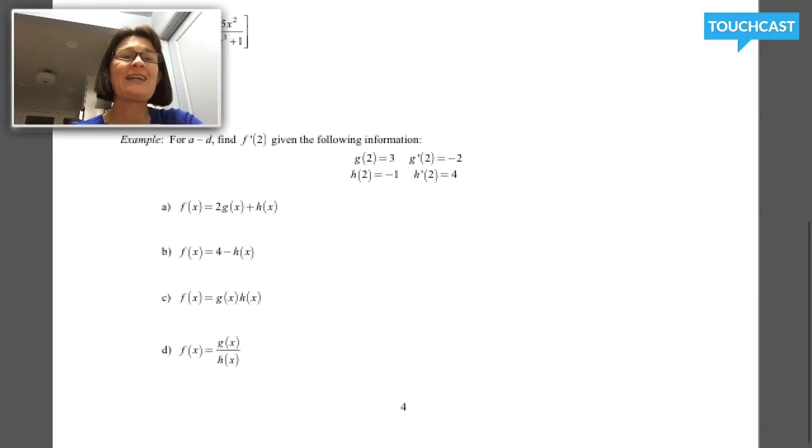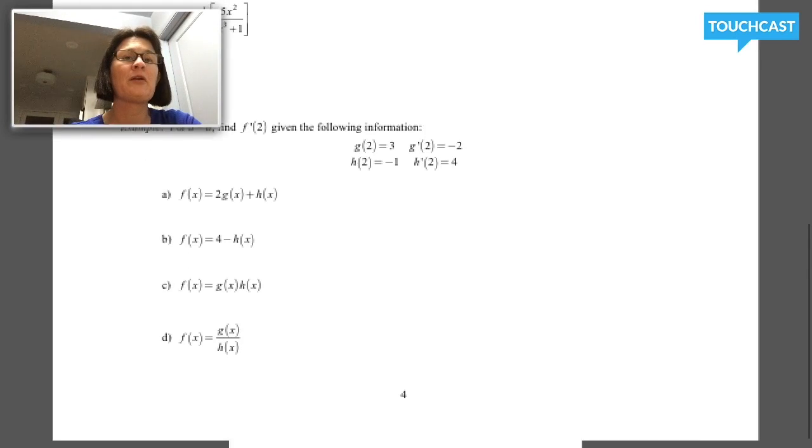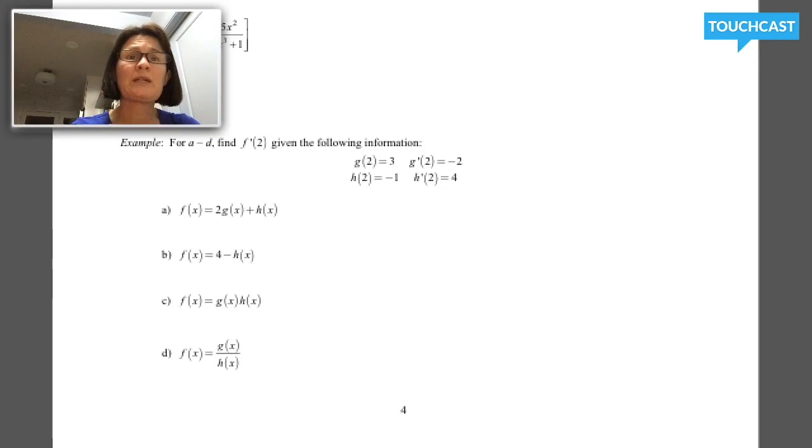And we've been asked to find f prime of 2. So remember my warning to you. Do not try to tell me what f prime of 2 is until you can first write me an expression for f prime of x. So let's do this first one.